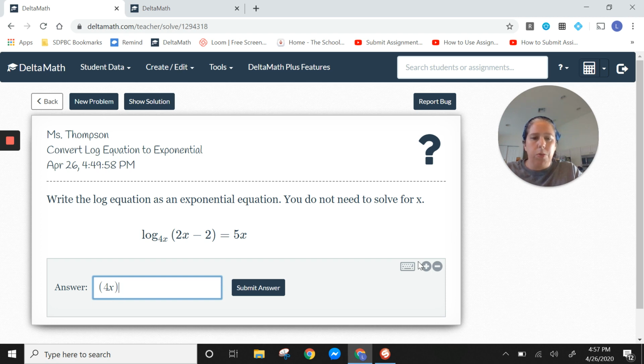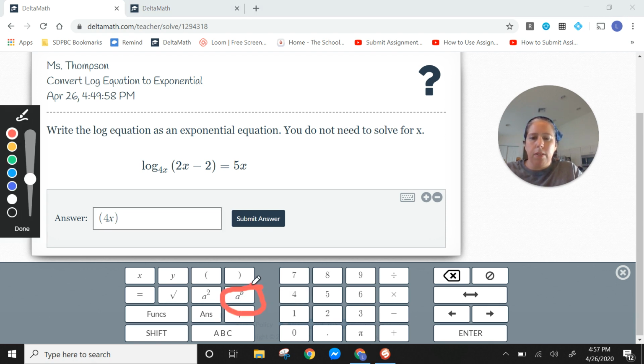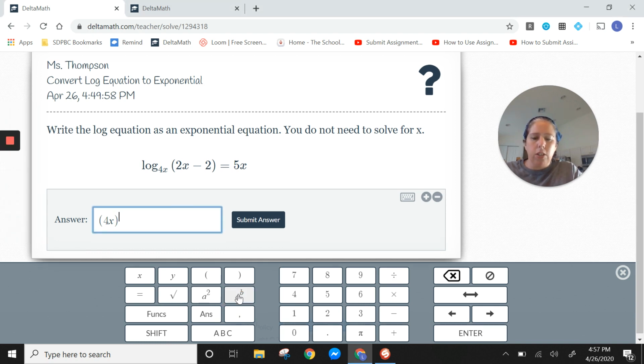Now, one of the things we've talked about is the keyboard. Make sure you go to the keyboard and use the exponent button. There's the exponent button right there. I'll highlight it. You're going to have to use that. Remember, the other thing I told you guys is you can use the caret button. The caret button is above the 6, so I can actually just use that and it'll jump up also.